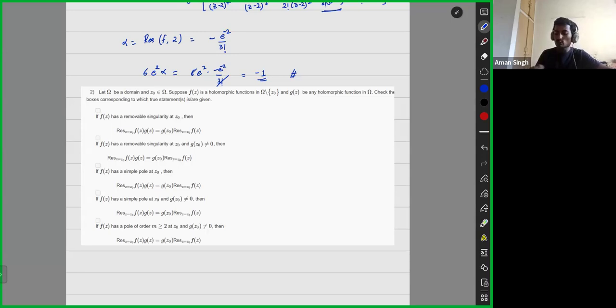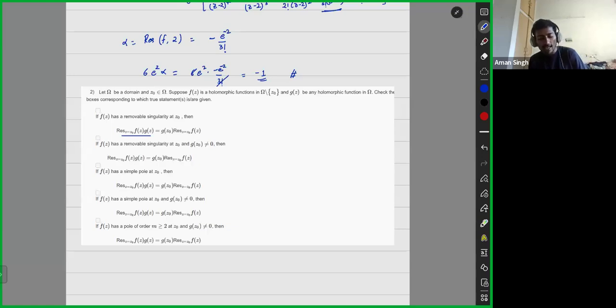So f(z) has a removable singularity means we can assume f is holomorphic, because if it has a removable singularity, we remove it. We can assume that it is holomorphic. Now g is also holomorphic, f is also holomorphic. What happens then? Residue of f into g is equal to g of z naught into residue of f(z).